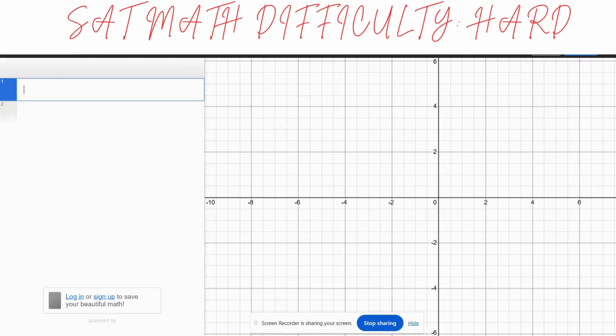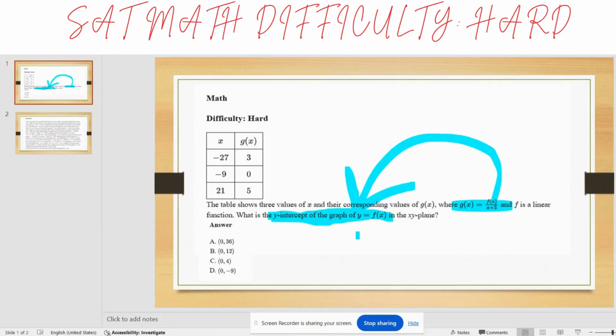So right now I'm going to Desmos. Why? Because I'm going to find this f of x equation from this g of x in Desmos directly. Before that, we have to do a little bit of math here. As you can see, it is written here that g of x is equal to f of x over x plus 3.